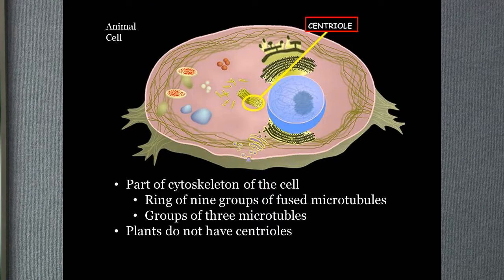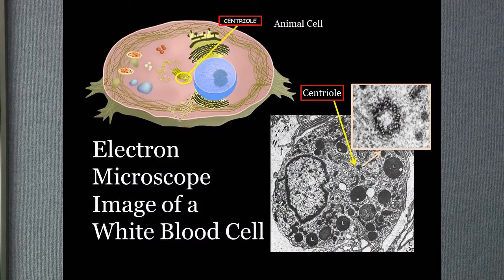Well, another organelle is the centriole, and we're going to have a view of the centriole here in a minute. And the centriole has these 9 triplets. There are 9 triplets that we see there, but they're long tubes. Each one of those tubes is like a soda straw. These are the centrioles, and they are associated with cell division, and they're associated with organizing the cytoskeletal components within the cell.